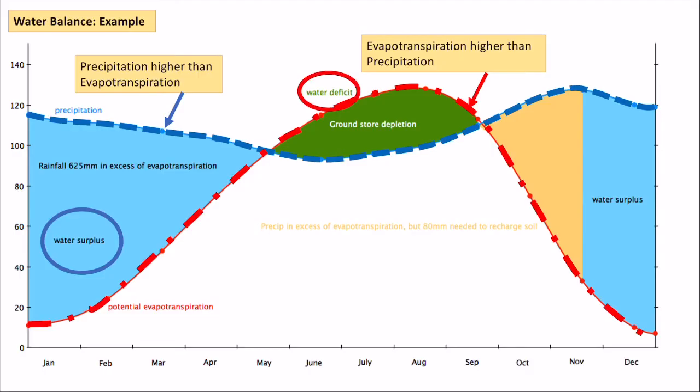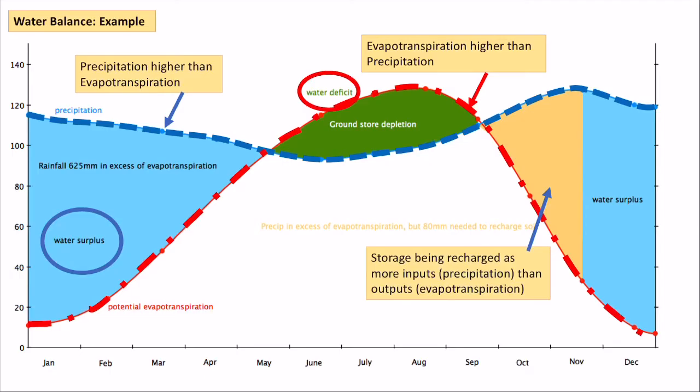After we have a period of water deficit, we get this moment where the stores change. So that water that was surplus and plentiful in those groundwater and lake stores actually starts to get used up. And so we therefore get it being recharged afterwards. When the precipitation starts to go higher than the evapotranspiration, we get what we call recharge.